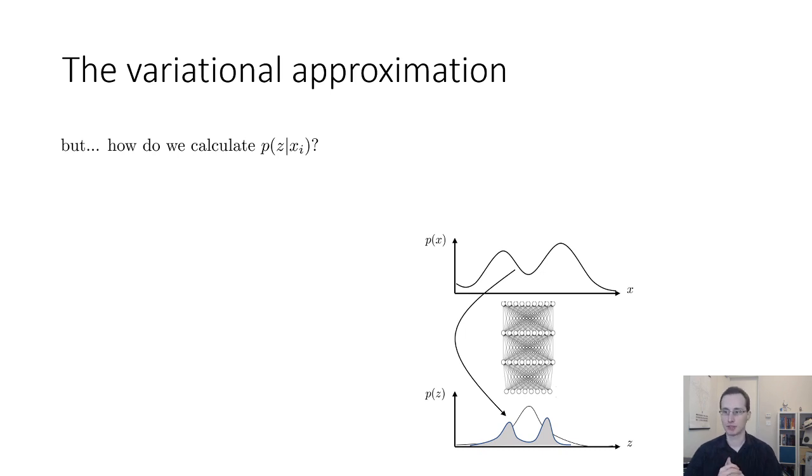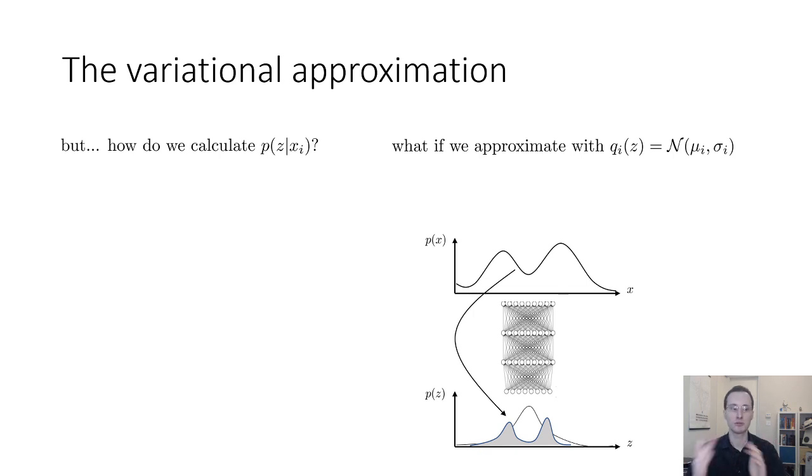If some part of it is unclear, do make sure to come to class and come to section to cover the details. Okay, so here is the basic idea. Instead of actually calculating the real distribution p of z given xi, we're going to approximate it with some much simpler distribution that's much easier to deal with. For example, we might just say that p of z given xi for a particular image xi is some Gaussian with some mean, mu i and sigma i.